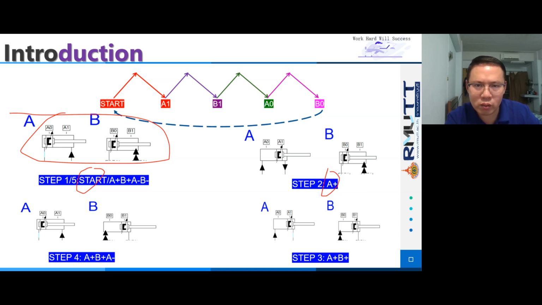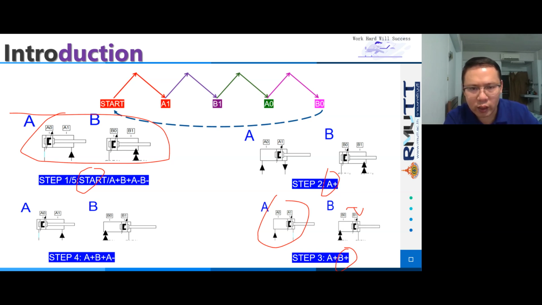And when the air stream arrived in A1, the cylinder B's air stream moves from the B0 position to the B1 position. It's B plus, and cylinder A does not change.